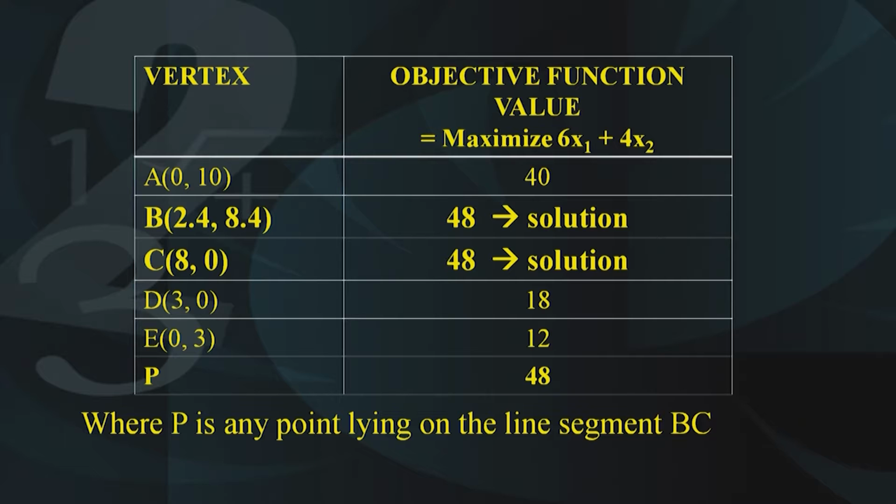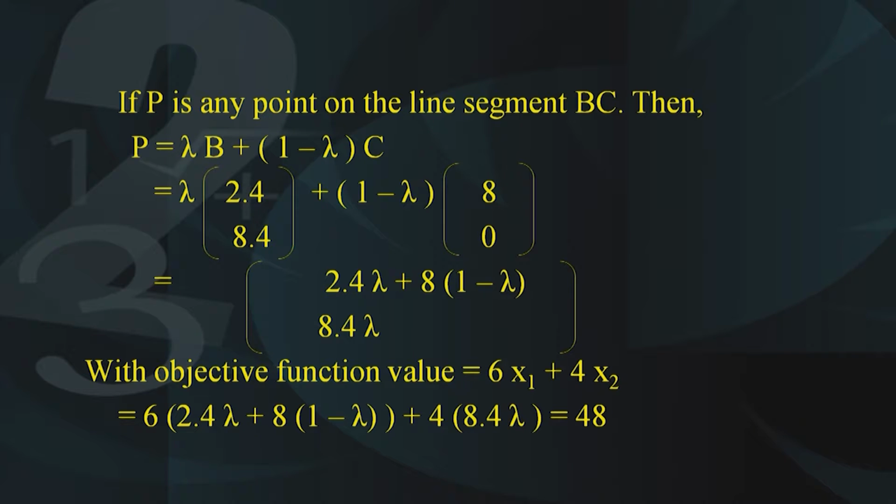Now, if you look at any point P which lies on the line segment joining B and C, this point P will also have an objective function value 48. Why is that so? Let us look at the calculations.